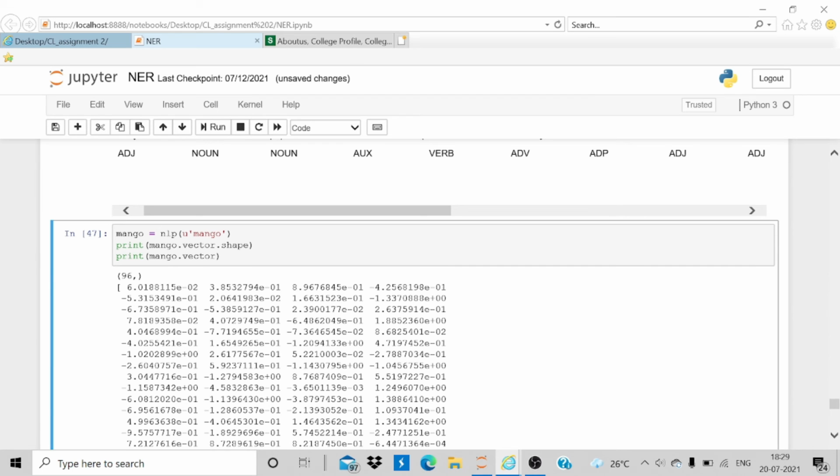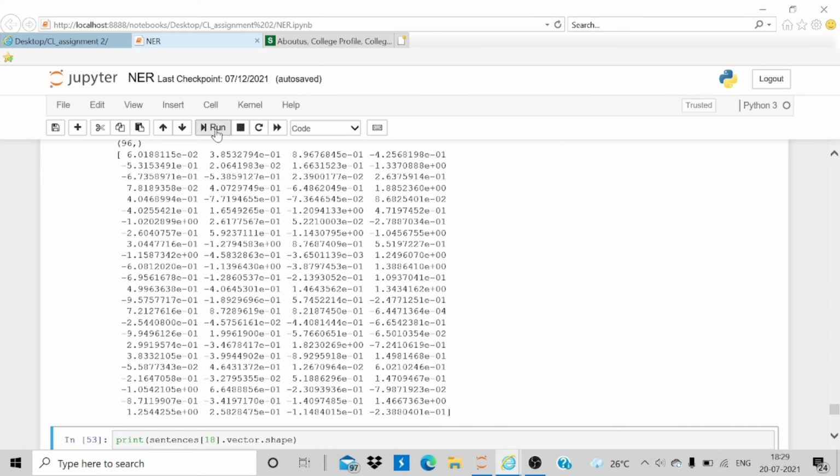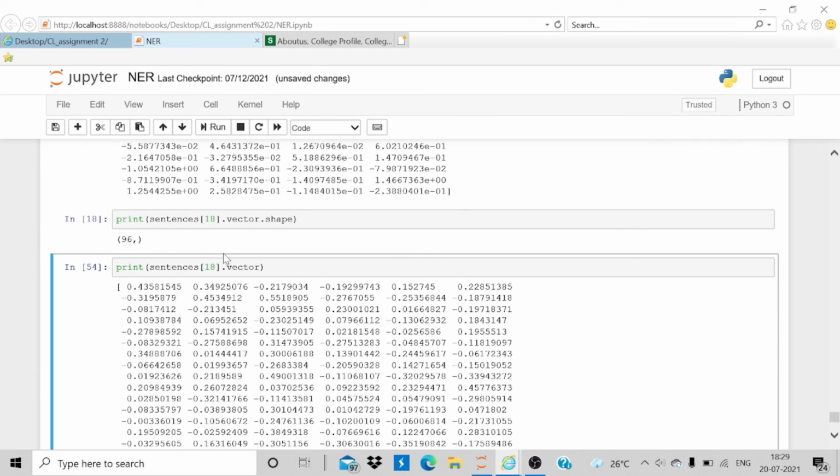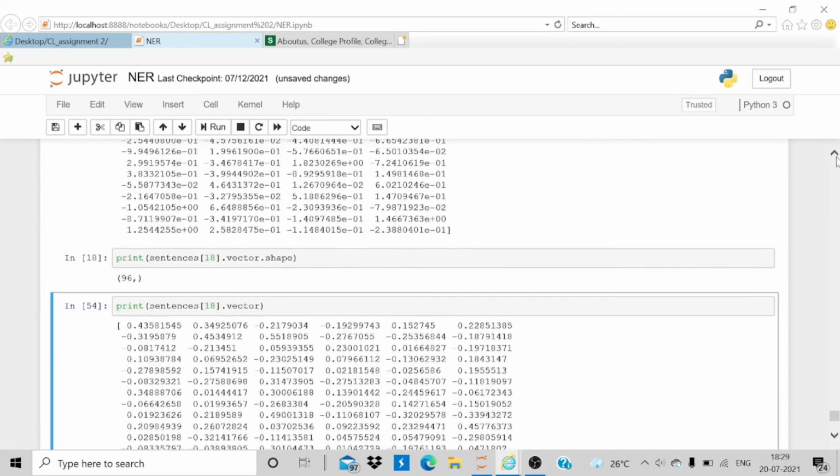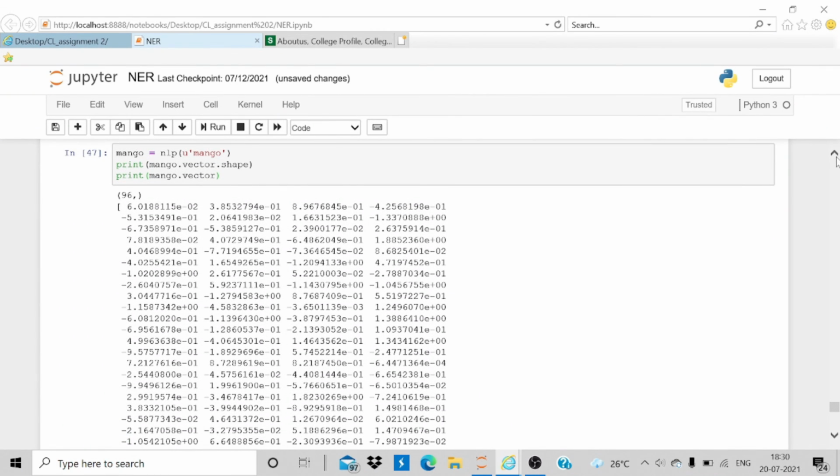So here we can convert the words into vectors, that is, like numbers. Okay, so this is my vector for mango.